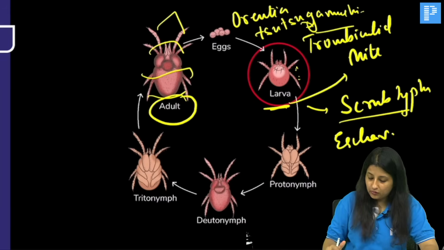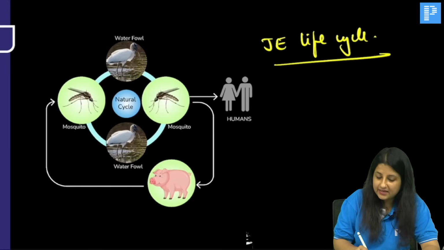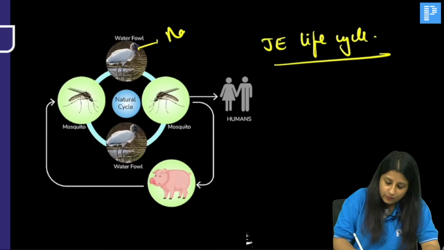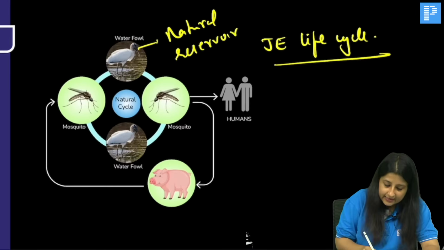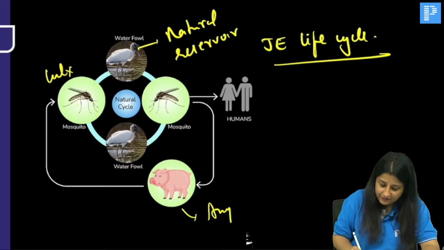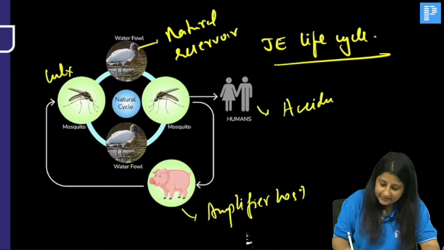Got it? Okay, so this one right over here is the JE life cycle. A couple of questions do come from JE life cycle. This is the water bird, which is the natural reservoir, or you can also call it the ardeid bird, guys. This vector is the Culex. Pig is the amplifier host, and humans are your accidental host, or you could also call it dead end host.